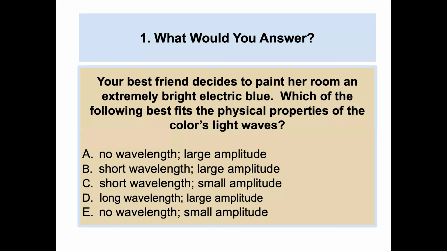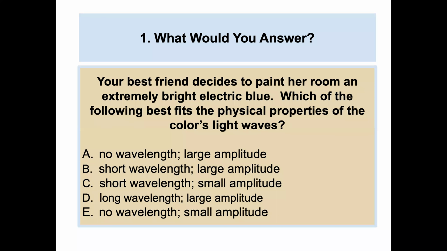So a little comprehension check on that very quick overview of wavelength and amplitude that we just went over. Say your best friend decides to paint her room in extremely bright electric blue. Which of the following best fits the physical properties of the color's light waves? So let's think back.